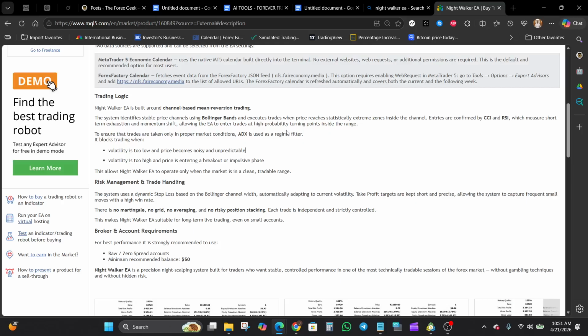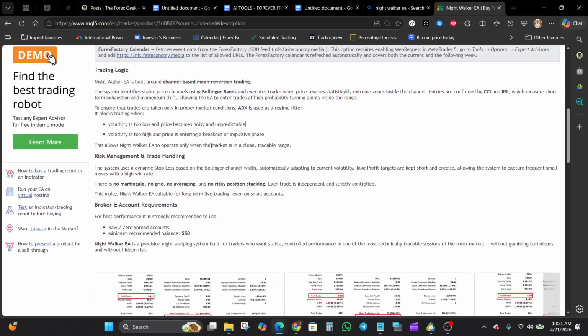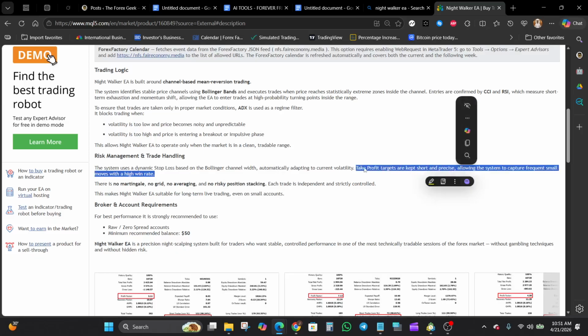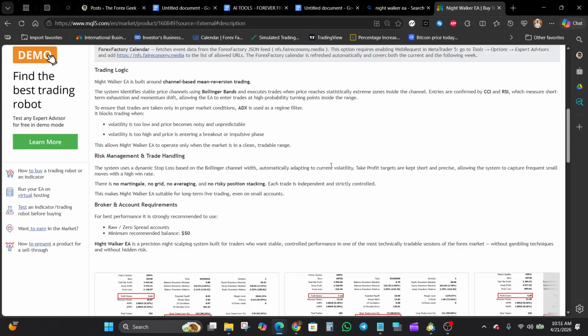Now, on the risk side, it uses dynamic stop loss based on Bollinger channel width, right? And then, it also uses fixed control take profit levels, right? And no martingale, no grid, and no averaging, as we can see here. Okay, so each trade is independent, which is a big plus in terms of risk containment.